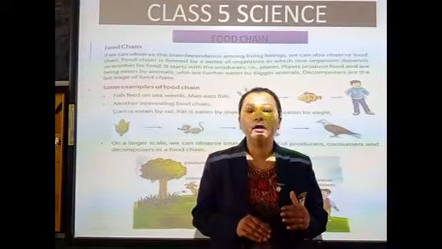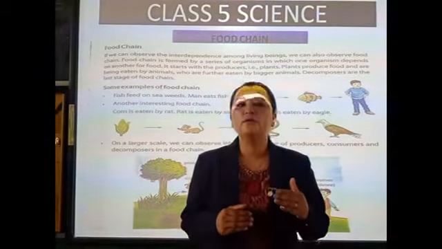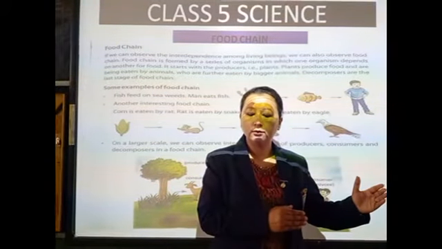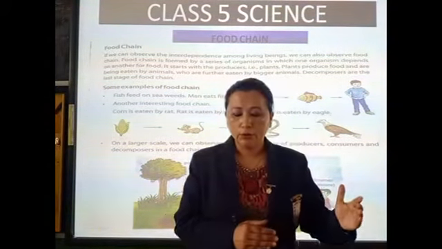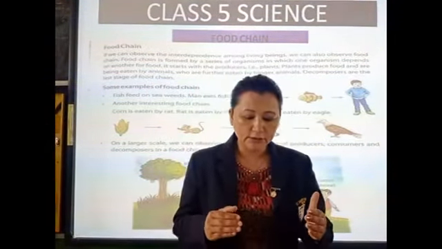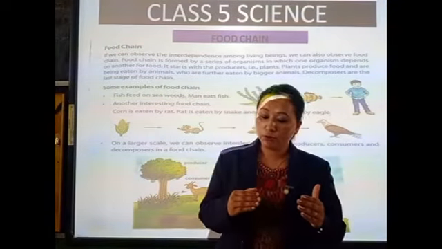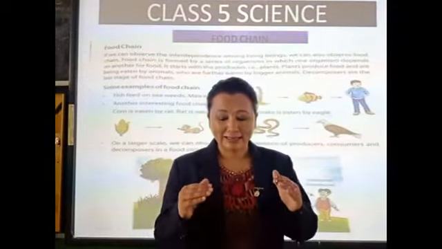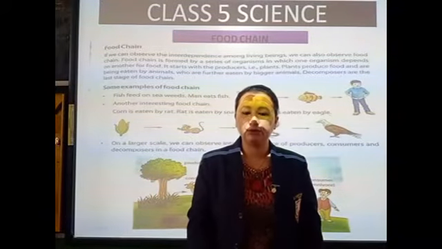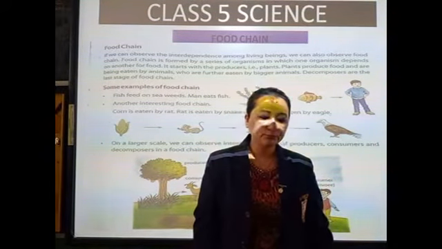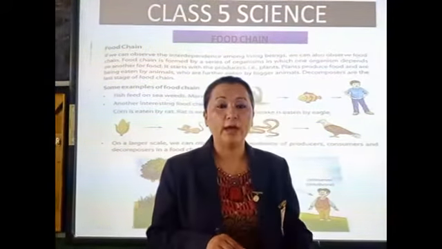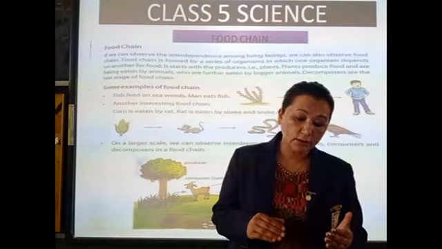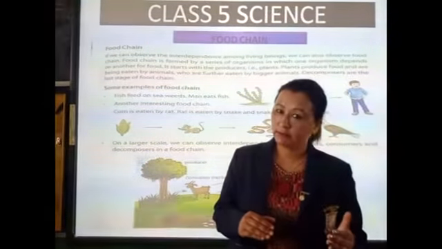Then we have the carnivores, which form the next group. Carnivores eat herbivores, so they are called secondary consumers. As you know, carnivores are those living beings who eat only meat.